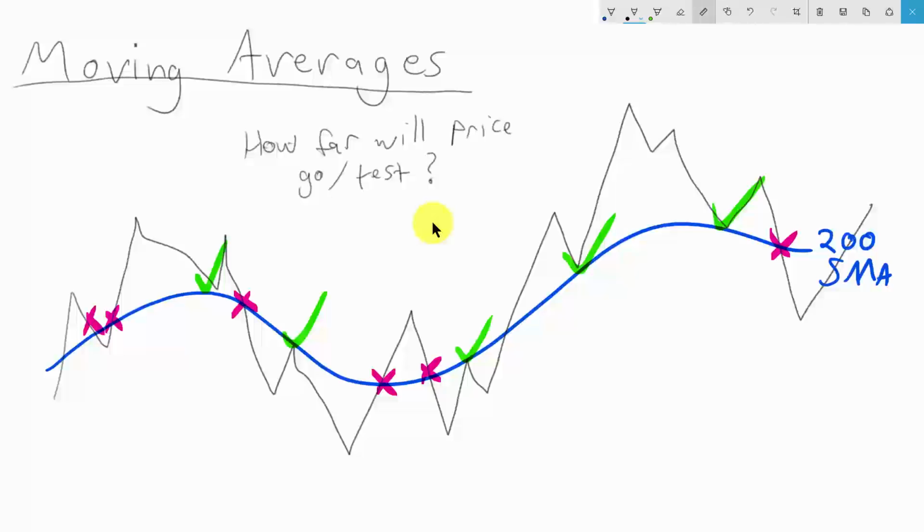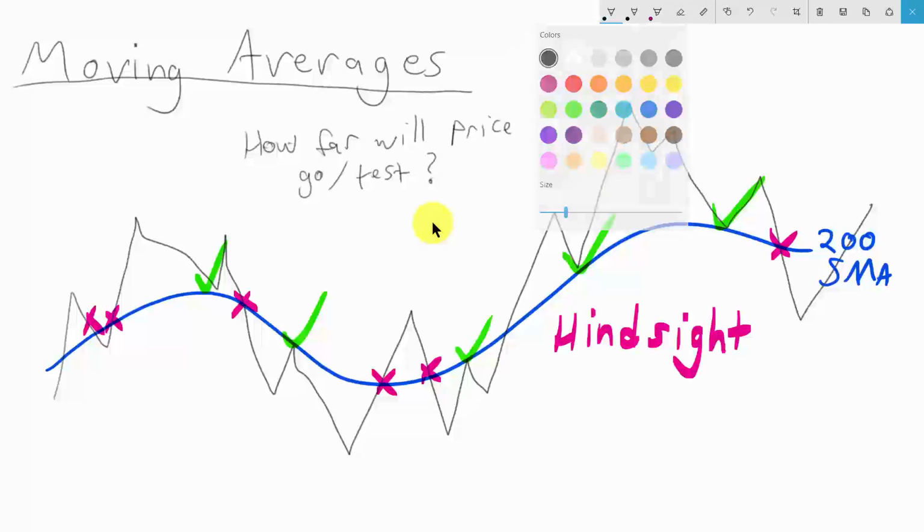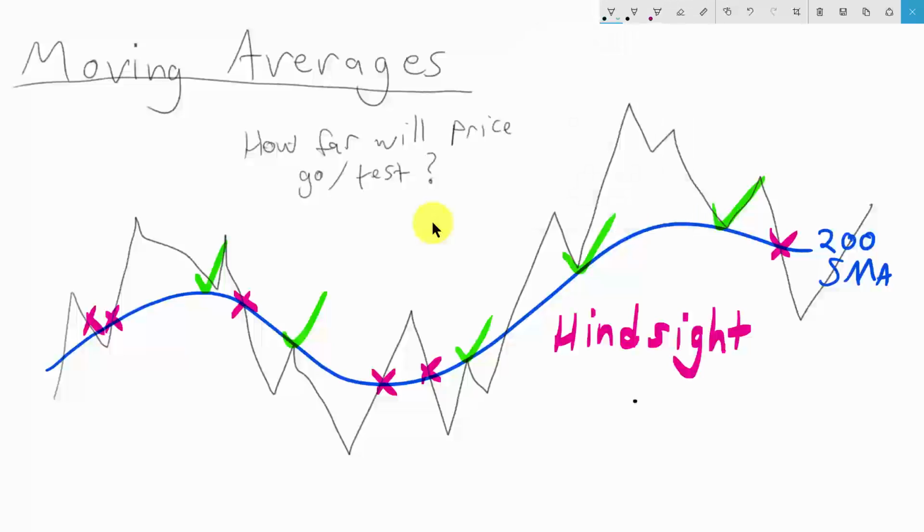Also, you have another big problem with this, that all these things are hindsight. So of course, hindsight is 20/20, right? Looking behind, everything is perfectly reasonable, right?